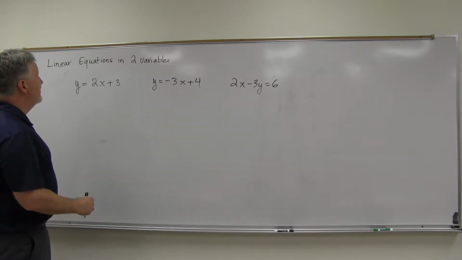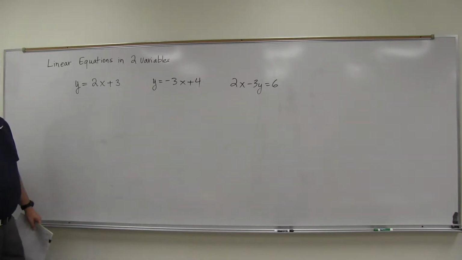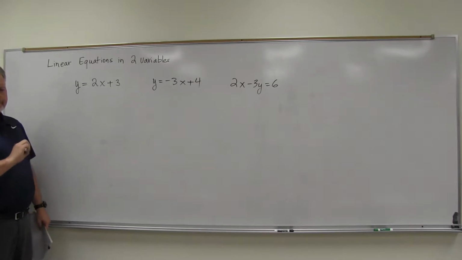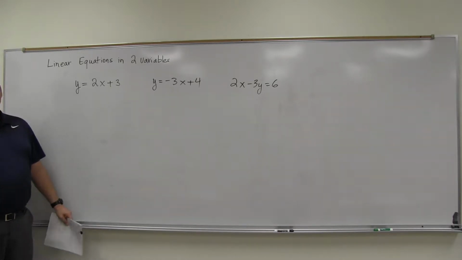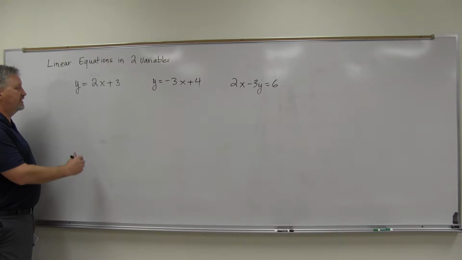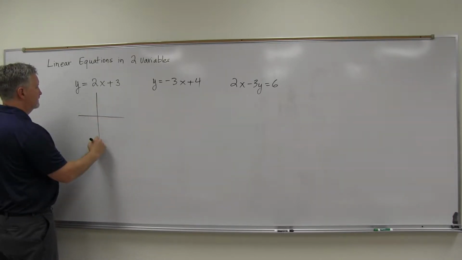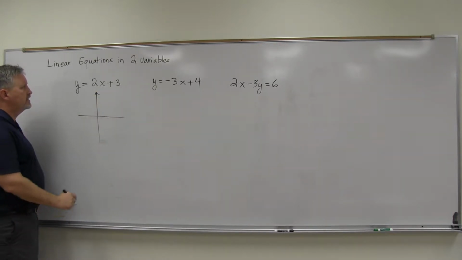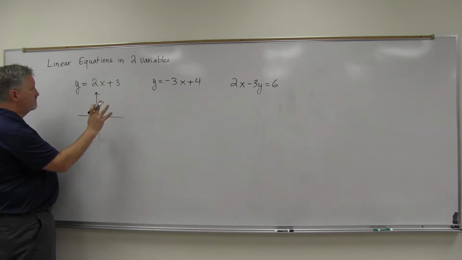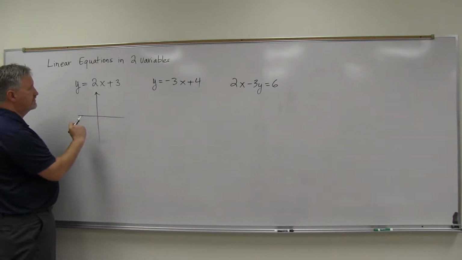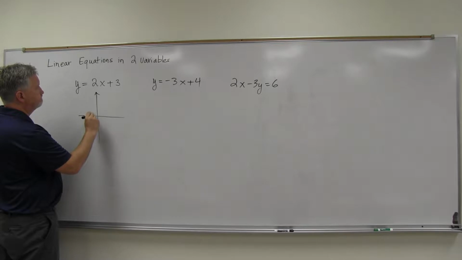Now, of course, what we're going to be doing with these is graphing, and you may know some about this, but let me just sketch these up here. If I did a table or various ways to do these, here's what I'd get.